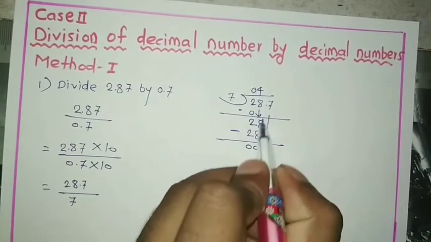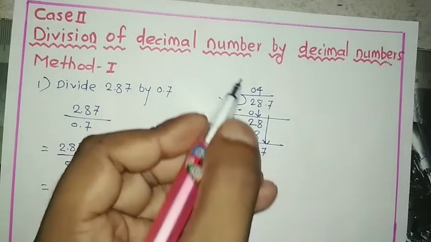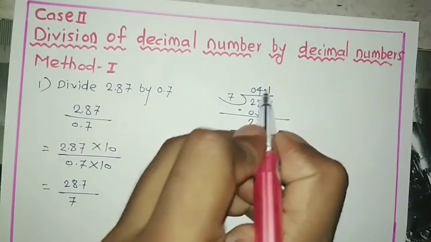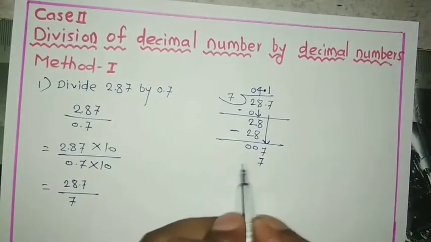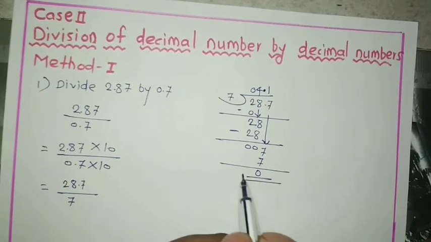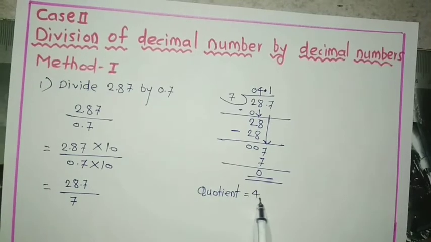I take this 7, but this 7 is on the right side of the decimal point, so I take the point here. 7 ones are 7, so 7 minus 7 is 0. So your remainder is 0 and your quotient is 4.1.